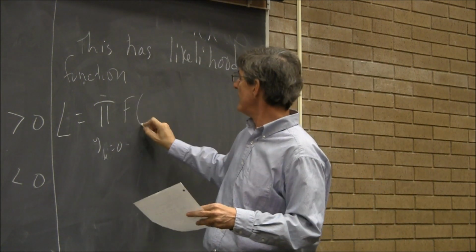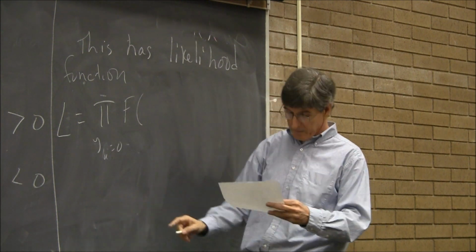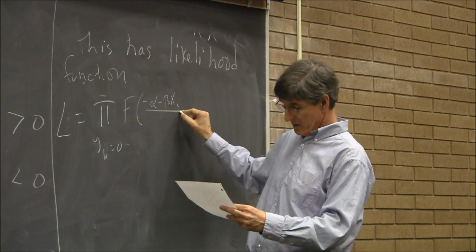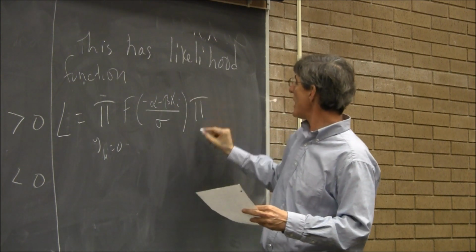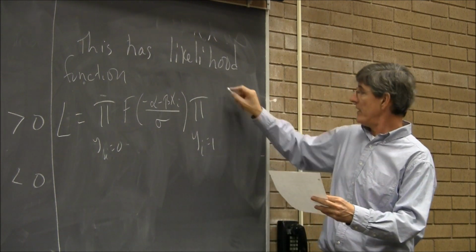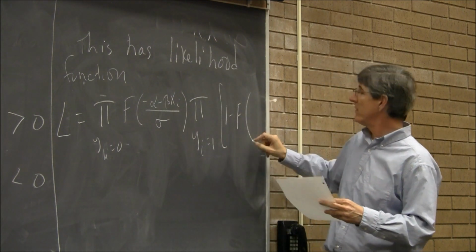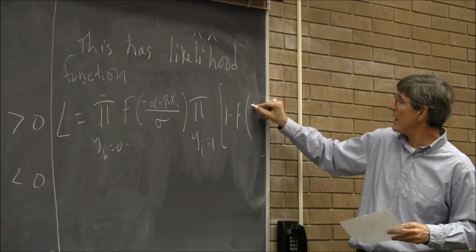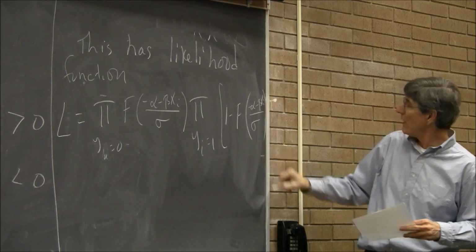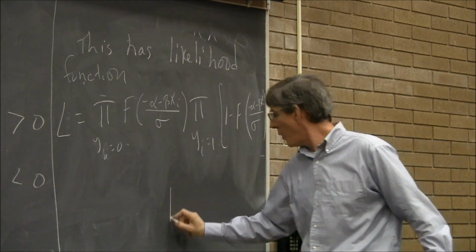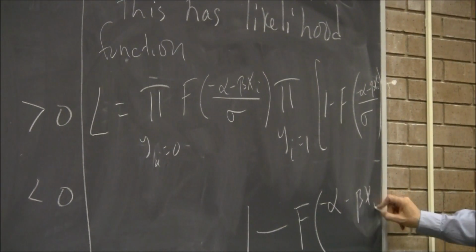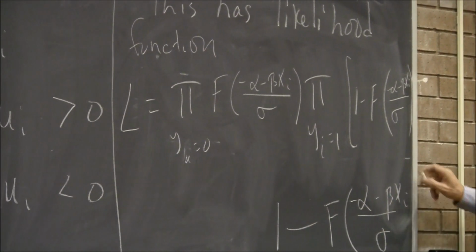This is the probability that y is 0, F of minus alpha minus beta x_i over sigma, times the product where y_i equals 1 of 1 minus F of minus alpha minus beta x_i over sigma.